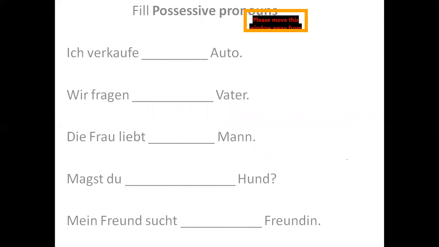Now here a few sentences are for you, where I need to fill in a possessive pronoun. Right? First sentence is ich verkaufe. Verkaufe is sell. I am selling Auto. Auto is car. I need to fill in a possessive pronoun. What are possessive pronouns?